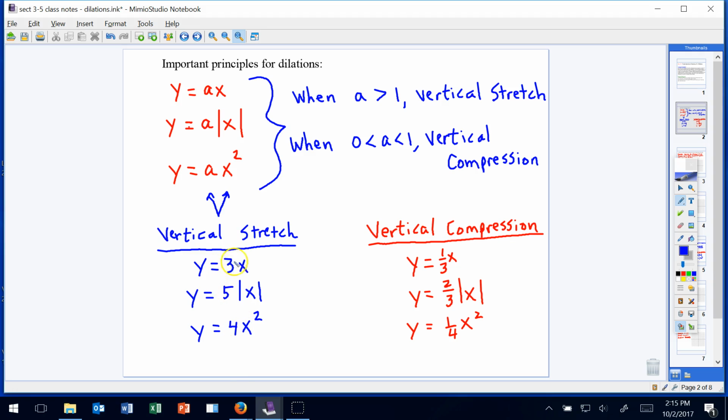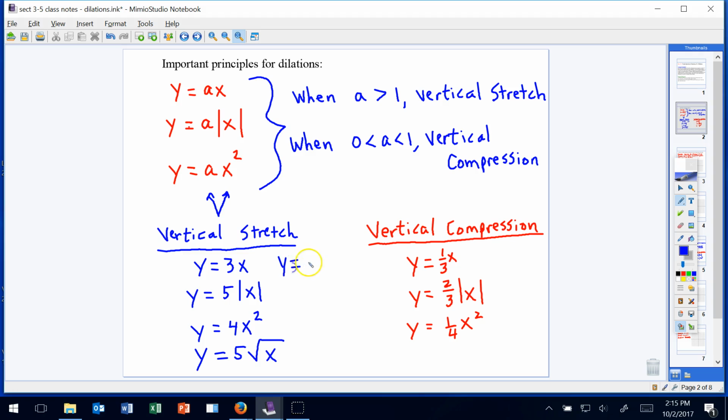You notice that I've got a number that's greater than 1 in front of the absolute value of x, in front of x squared. That would also be true for this particular case with our square root function.